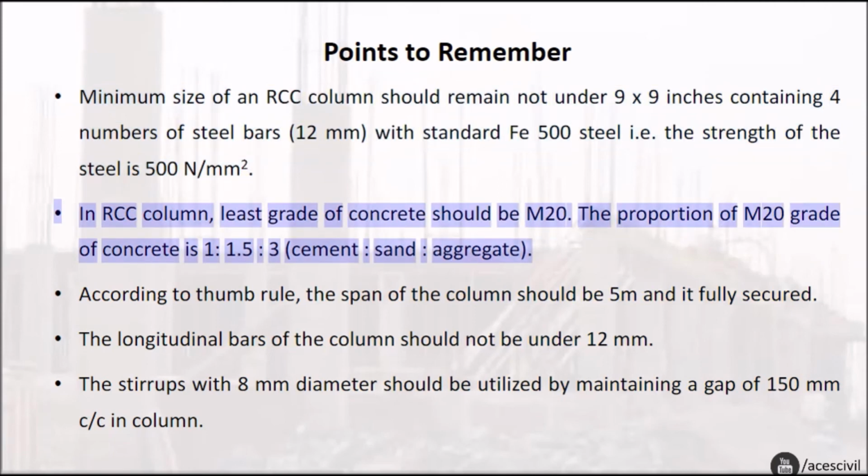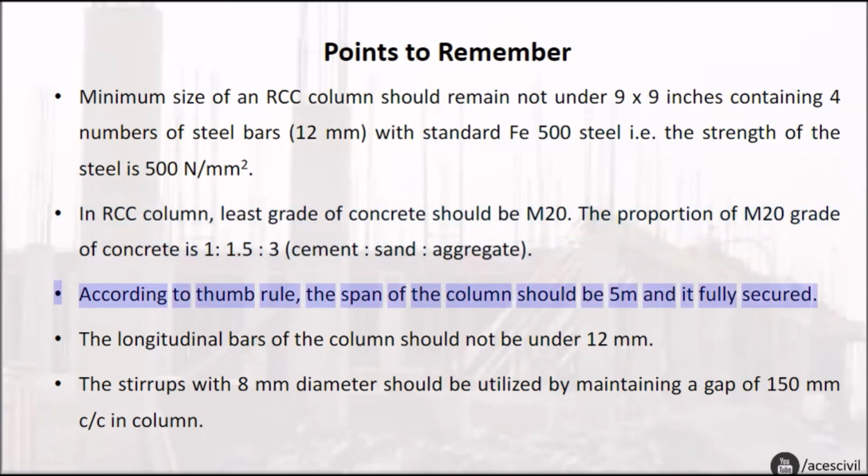In an RCC column, the least grade of concrete should be M20. The proportion of M20 grade of concrete is 1, 1.5, 3: cement, sand, aggregate.